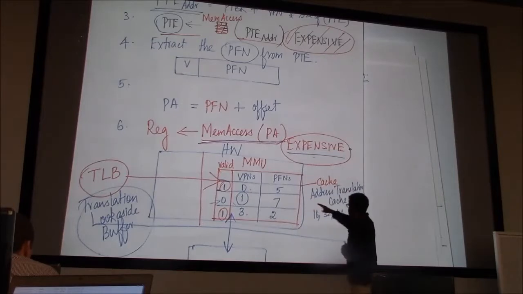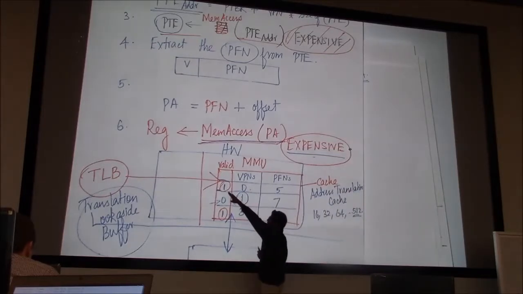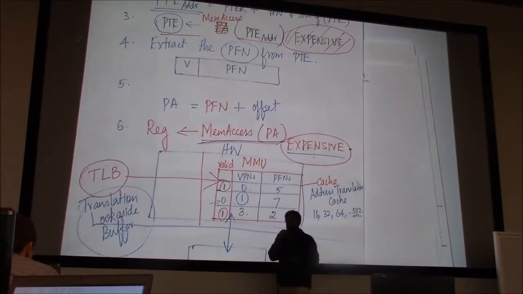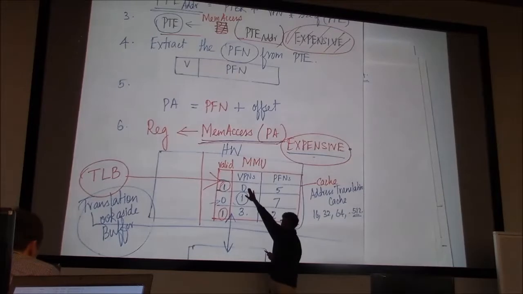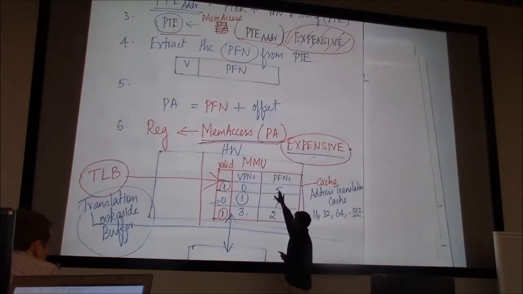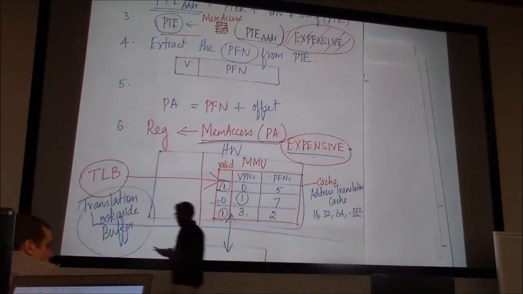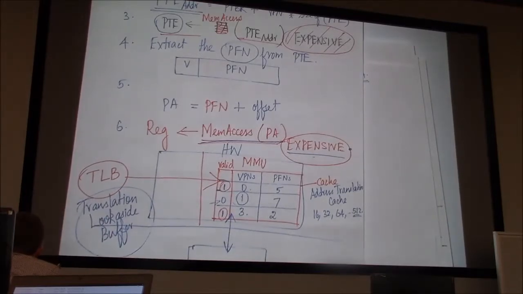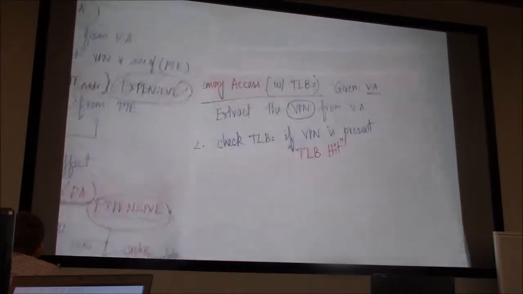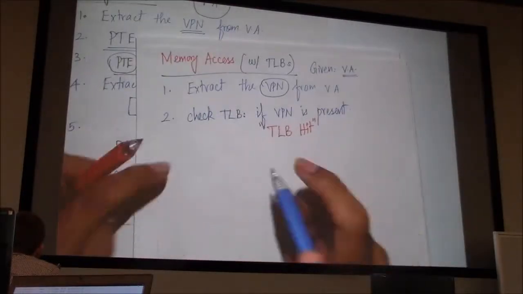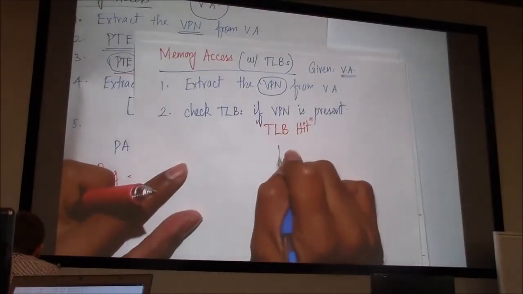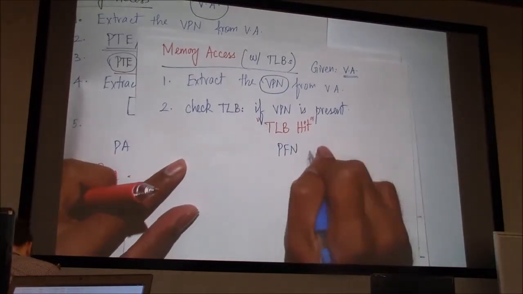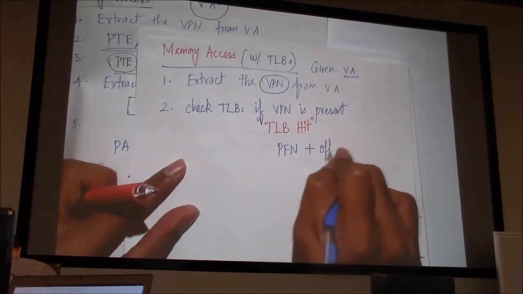For example, if we are trying to access some address with VPN 0, let's assume we are trying to access address 0 itself, or address 1, something which is in VPN 0, then we have got the PFN right here. You can just take that particular PFN and immediately form the physical address. Makes sense? So if you have a TLB hit, get the PFN from the TLB, add it with the offset.